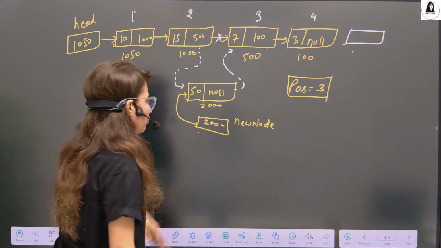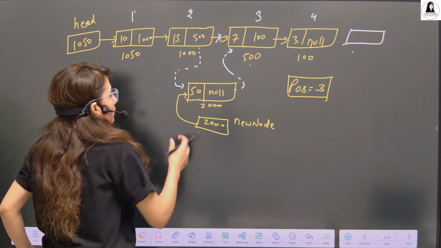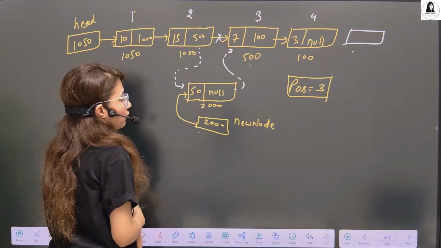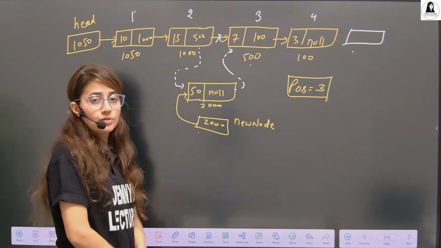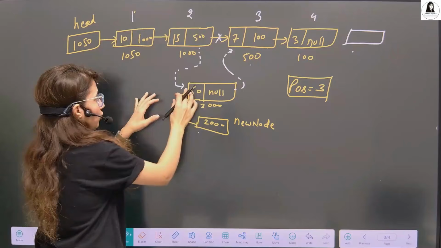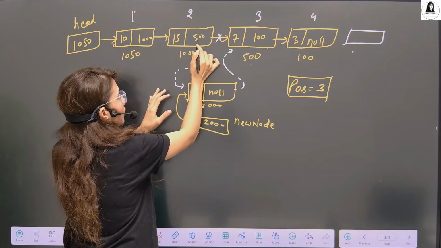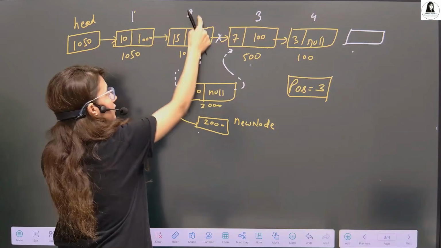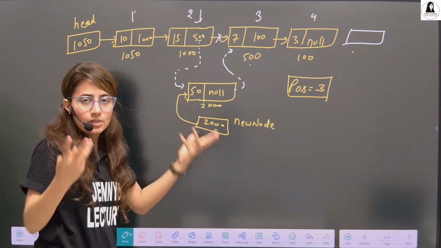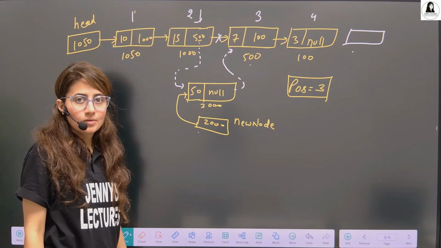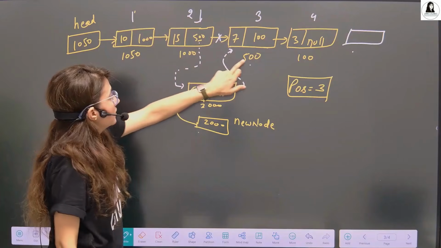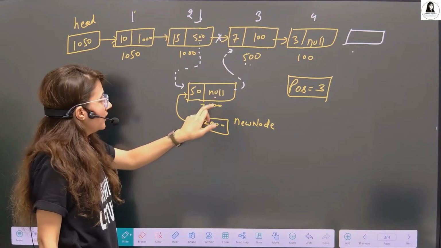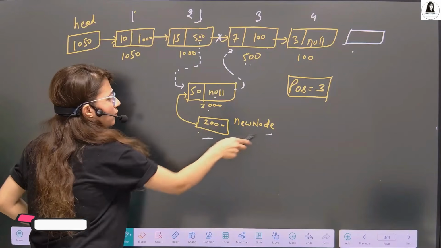But for this also you have to take care. How? Maybe you think, okay, we are here at position 3. The first thing is you have to reach position 3, because if you want to update the links, I want to access this thing also, 500, the address of the next node. How to access this? There is no pointer accessing this node. So first I want to access this address, then only I can write here 500. The address of this node I get from new node.